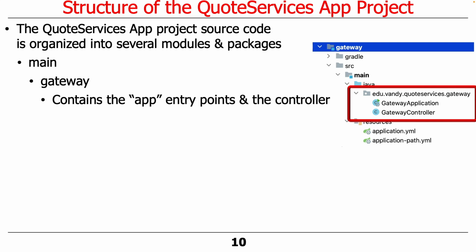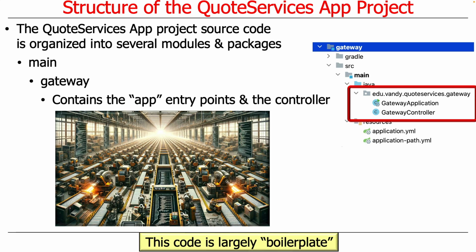So the gateway contains the entry point for the overall API app perspective. From the client's point of view, it's just talking to the API gateway. And as you can see, there's a couple of files, the gateway application and the gateway controller. The code in these files is largely boilerplate. In other words, when you look at this, you'll see that you could reuse this code for just about any API gateway.